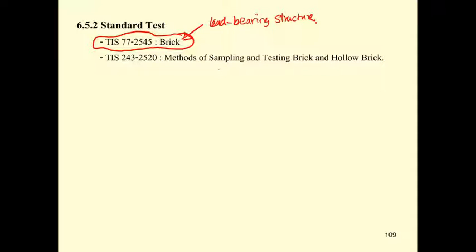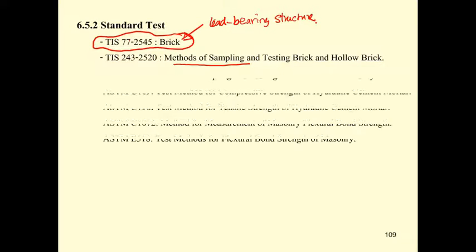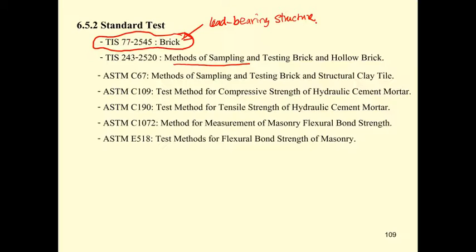And also when you take the TIS, the Thai Industrial Standard 27, you have to follow the method of sampling. You have to sample the brick following that. And there are a lot of ASTM standards involved with it. Actually, the TIS adopts those ASTM standards for the brick, since the brick in the US has been developed for a long time.